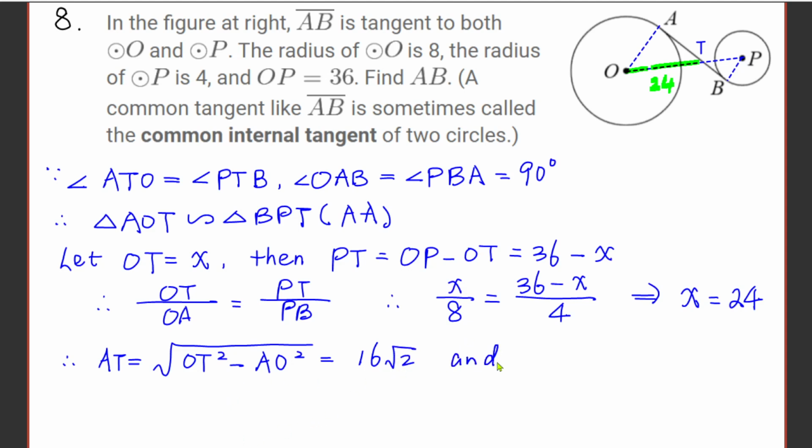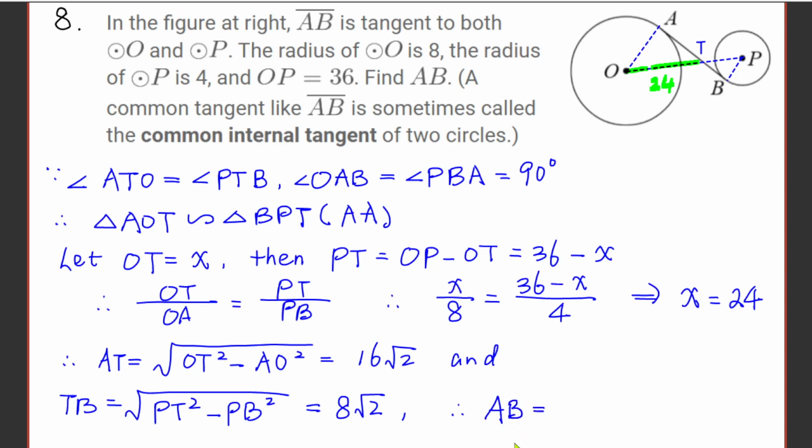And also TB equals the square root of PT squared minus PB squared, and that equals 8 square root 2. Therefore, AB equals AT plus TB, and that equals 24 square root 2. You get it?